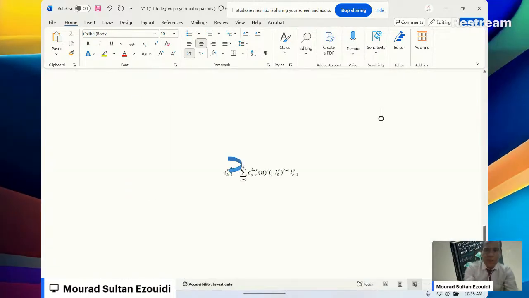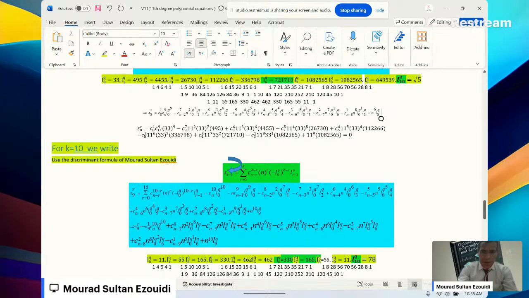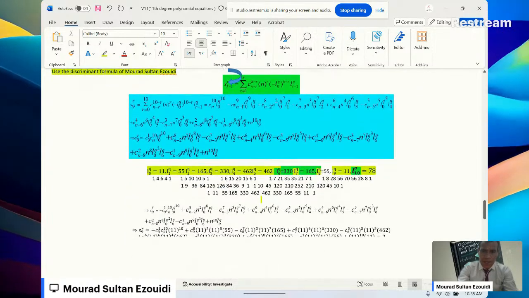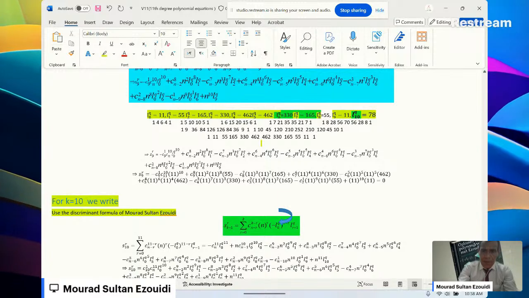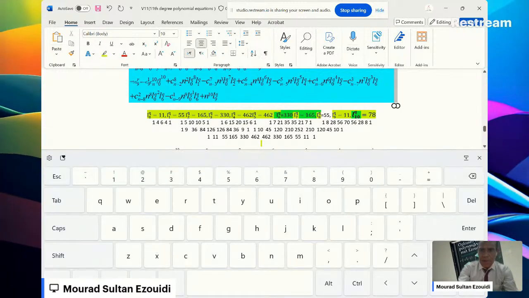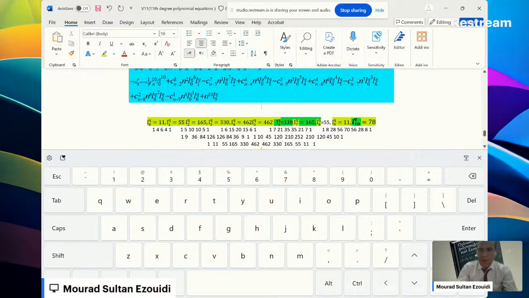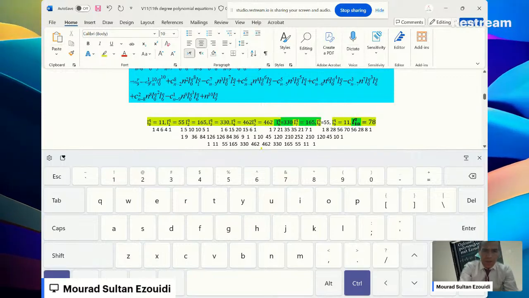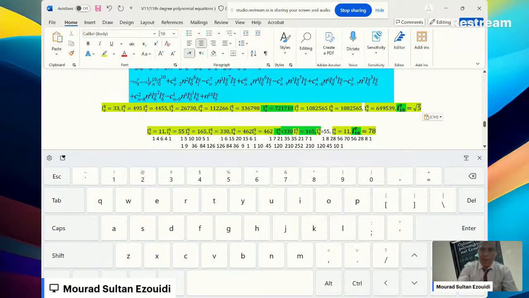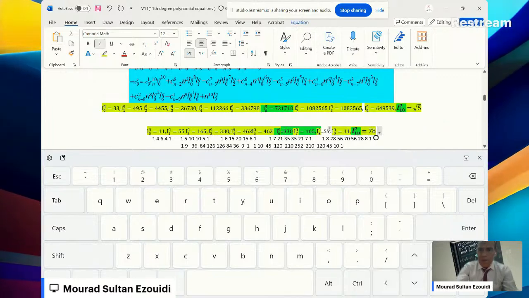We continue. Now I move to S10. This one. I will make enter. Enter if possible. If you control V. Now arrange this.